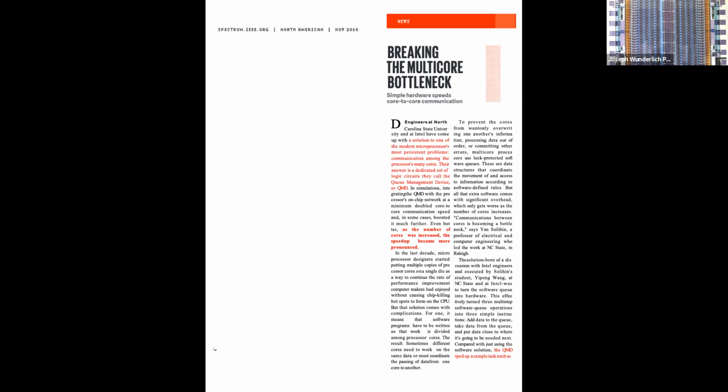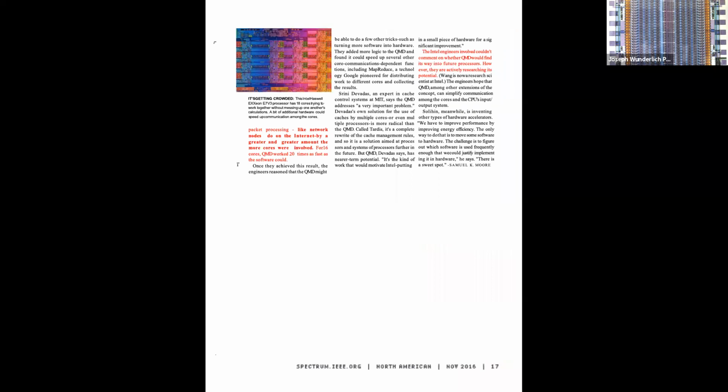So down at the end of this page, the QMD sped up sample tasks such that it looked like packet switching on the internet. So as you add nodes to the internet and you route traffic, you can imagine traffic moving through a city, and you're optimally switching cars so that you have optimal throughput at each of the intersections on a giant grid.